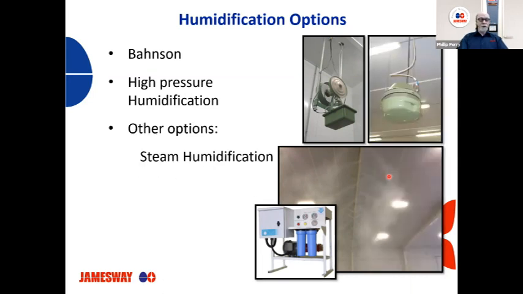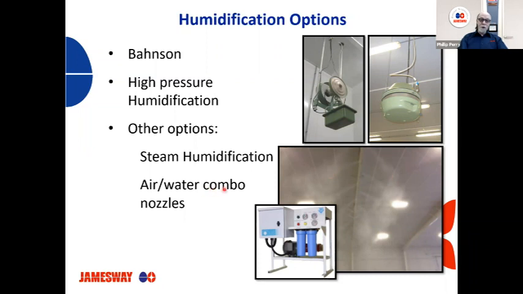Other options include steam humidification. My experience with these has been that they just require a lot of maintenance. I had a lot of trouble with hard water and a lot of lime, calcium, just mineral buildup, and for my application they've been difficult to use, but I know a lot of hatcheries use them and are quite happy with them.